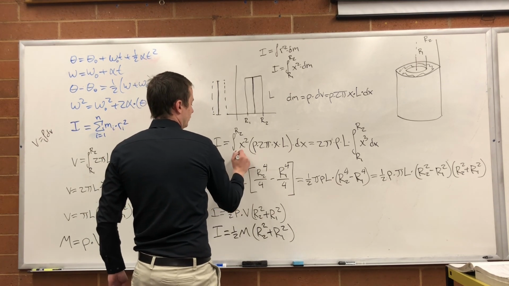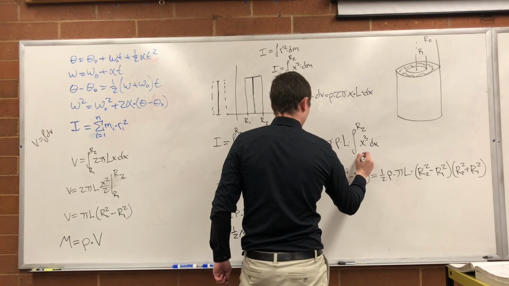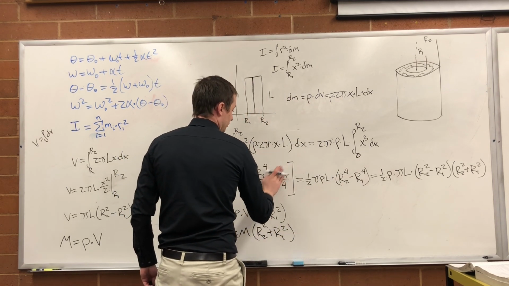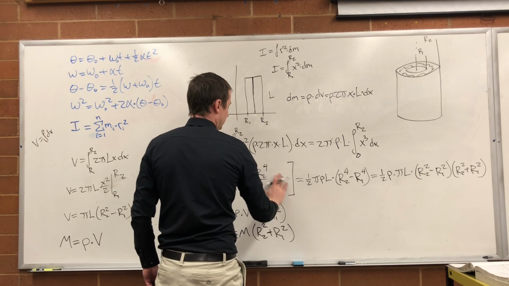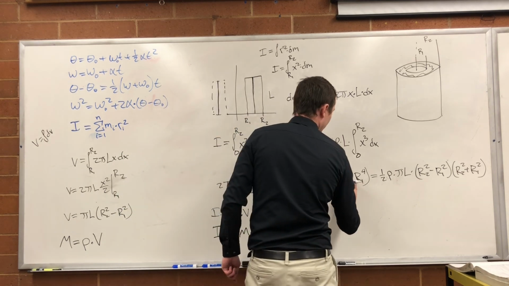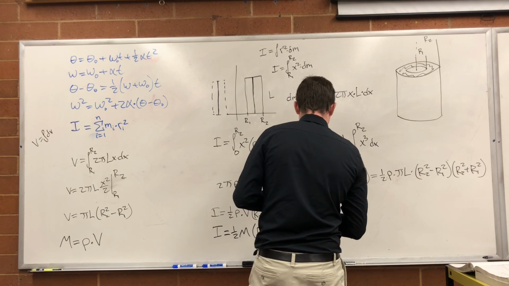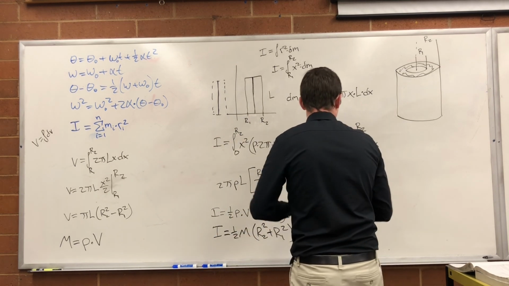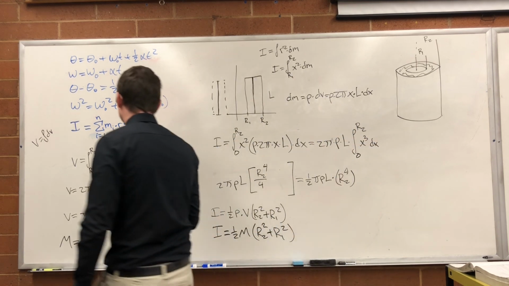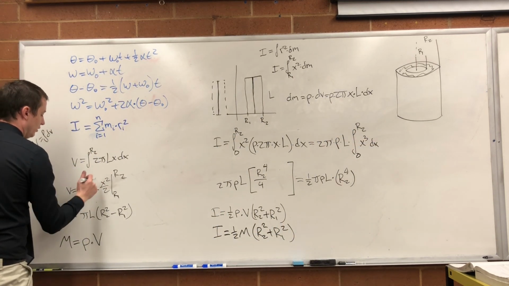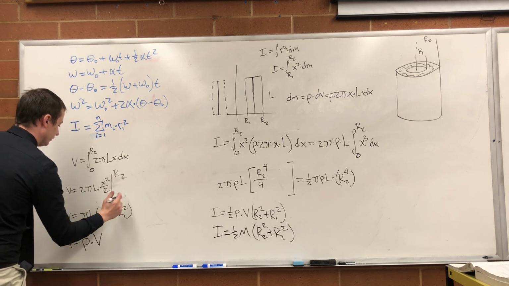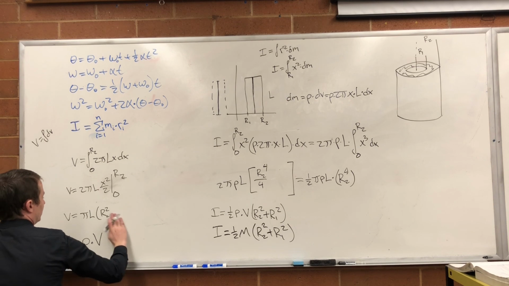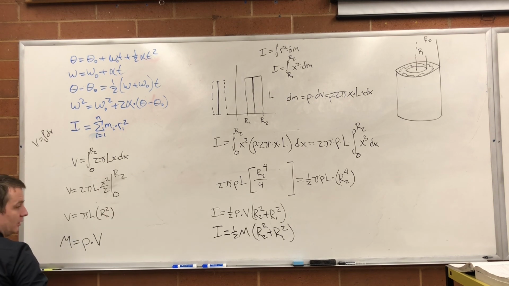We would have done 0 to there, we would have done R2 to the 4 over 4. Kind of ignore the rest of that, no sense factoring anymore. When we calculated our volume, would have been a 0 there, and just an R2 squared there, right?